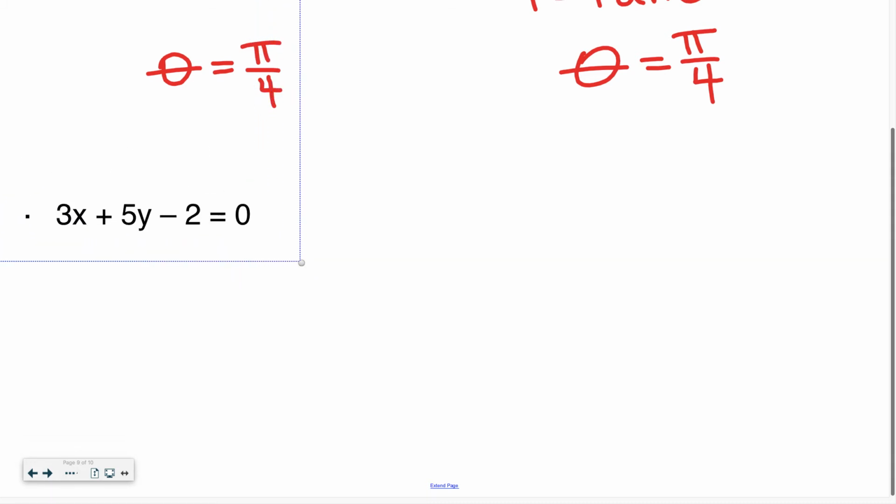It is a little bit more intense. Okay, so the past few examples that we've seen, our polar equations have been really nice and simple. Sometimes polar equations are more simple than rectangular.